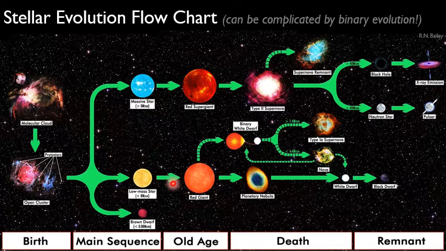The low mass stars ultimately result in things called white dwarfs that we'll talk about more in a little bit. And in the high mass star, you can produce a neutron star or a black hole. You can also explode and leave nothing at all, but that wouldn't really be a remnant. And so these are our three remnants that we're talking about: white dwarfs, neutron stars, and black holes.